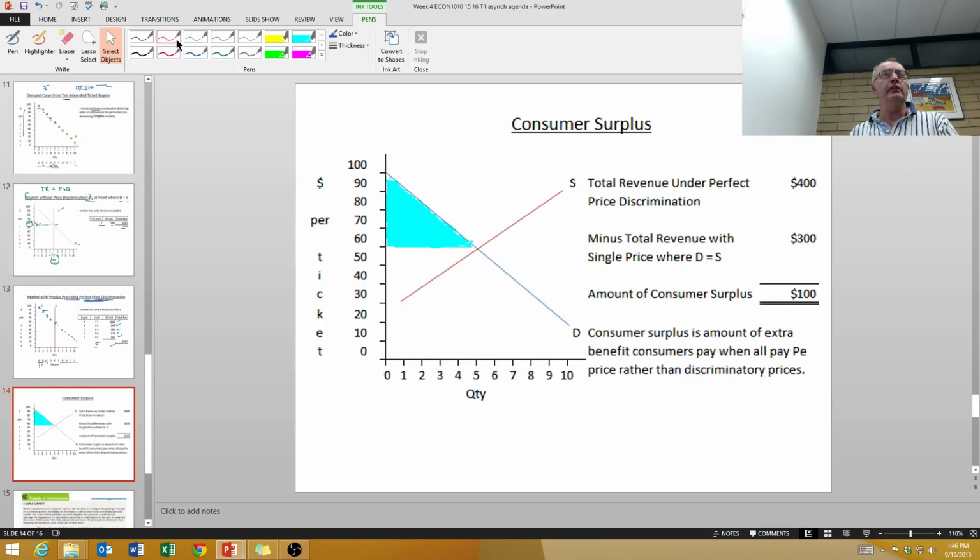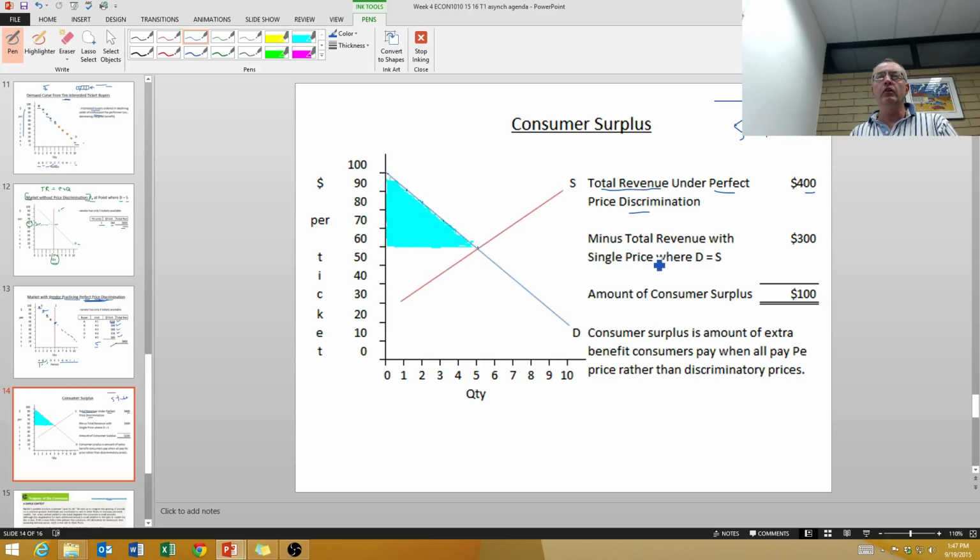So when we want to explain this concept of consumer surplus, we start with the total revenue. We have the total revenue that the vendor receives when he practices perfect price discrimination, which is $400. Remember, it's the same 5 tickets. So the vendor charges this price, this price, this price, this price, this price.